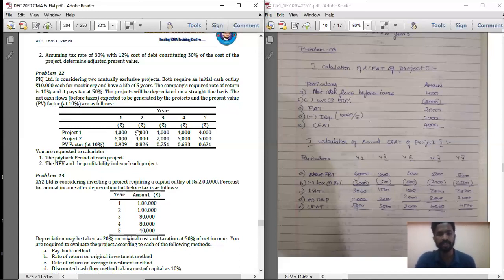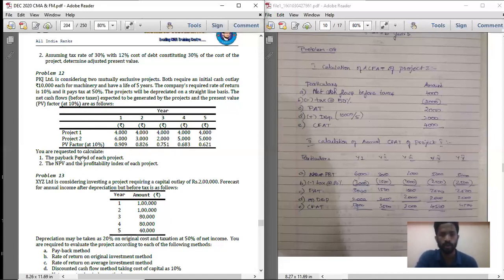For project 2, the net cash flow before tax is different for every year. And they have given the PV factor at the rate of 10%. They didn't ask us to find it using tables. They have directly given the PV factor for the first, second, third, fourth, and fifth year, so you can directly take it and multiply.